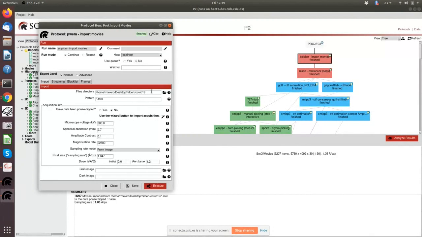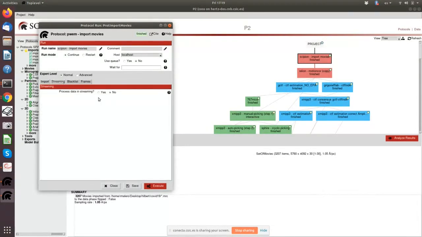So you say from which directory you want to import your movies, you specify the pattern of the movies, then you give the acquisition parameters, and by default this one is working in streaming. This should be coming, and this was not the case because we didn't acquire the data, but you can process the data in streaming, and then for all the steps below, as soon as a new movie appears, it starts to be processed.